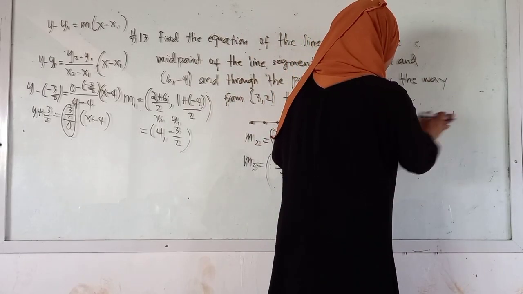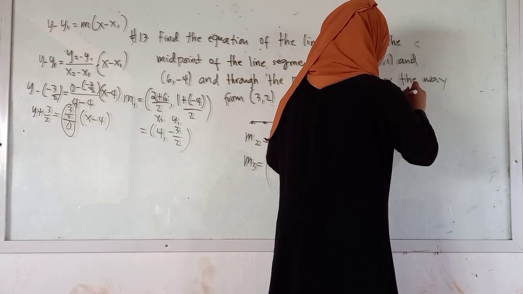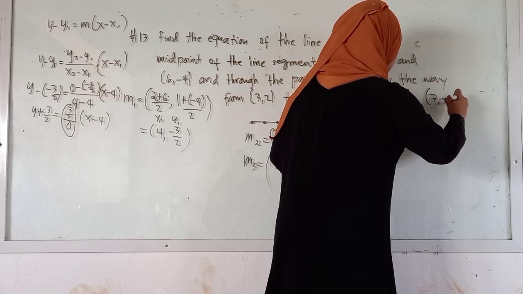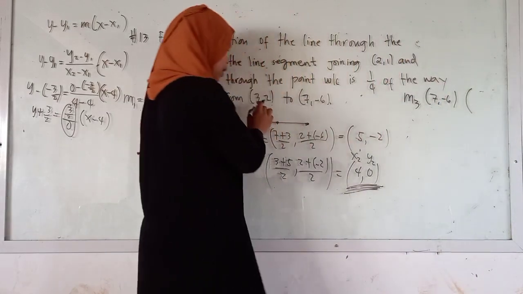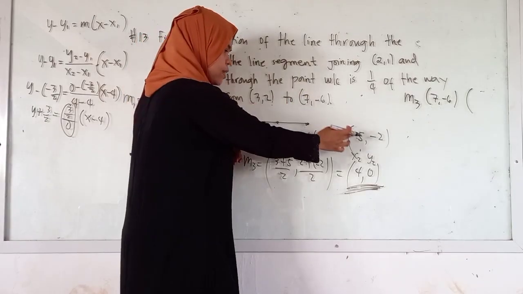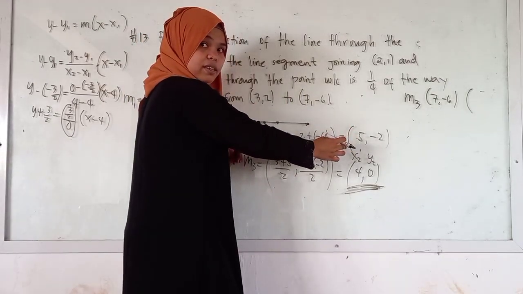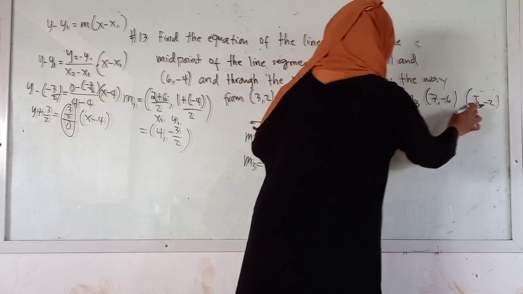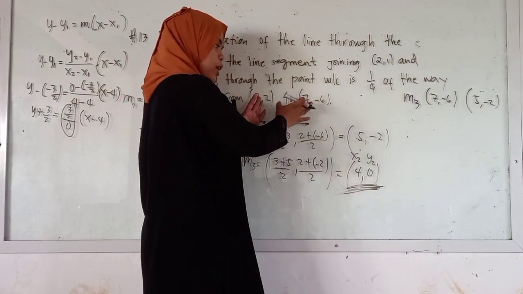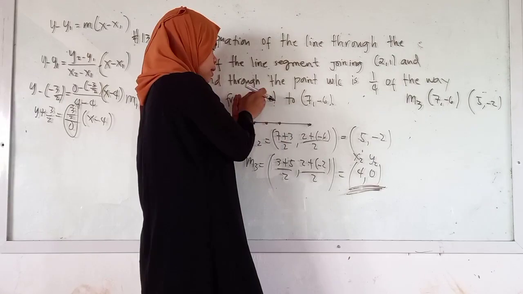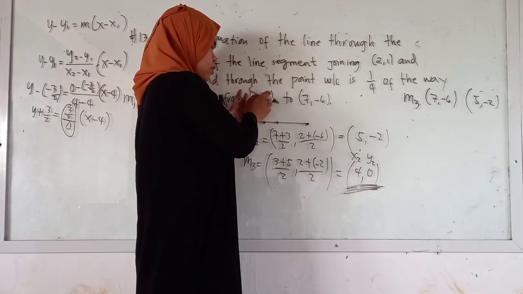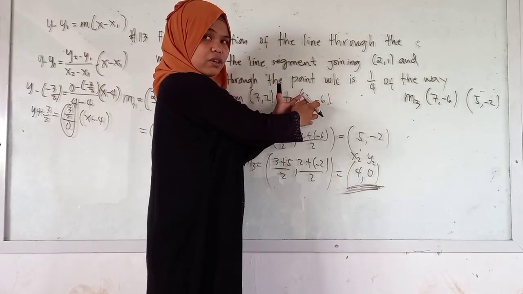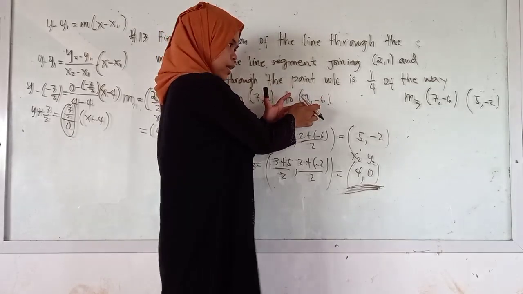Okay, so M3, that is from 7, negative 6, papunta kay 5, negative 2. Ulitin ko ha, galing si 5, negative 2 sa midpoint. Kaya, since naging undefined, gamitin natin ang other coordinate na 7, negative 6.